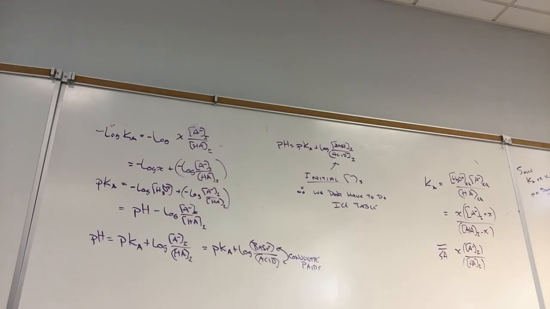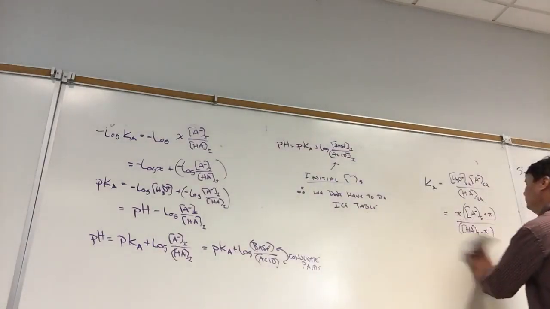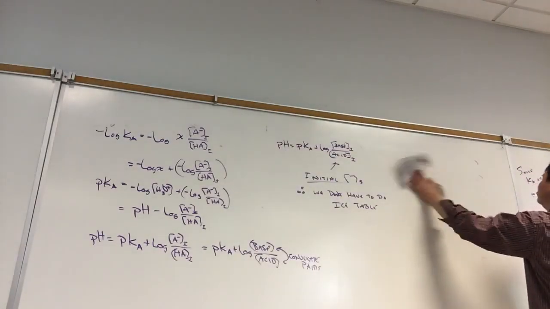And why does that work? It works because of the common ion effect. If you look at it, we expect the change to be small, as we've seen. Therefore, we don't lose much one way or the other, or gain much.